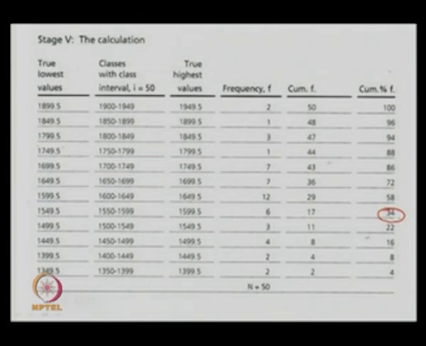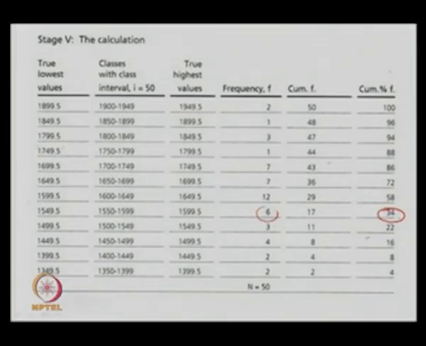How to find it? Till 22, this is the upper value. Then from this value to this value, what are the 50 scores there?